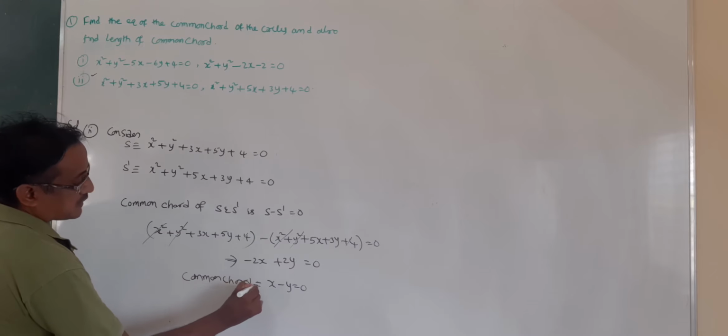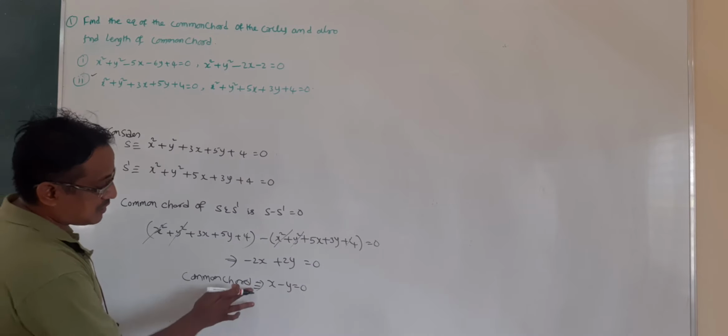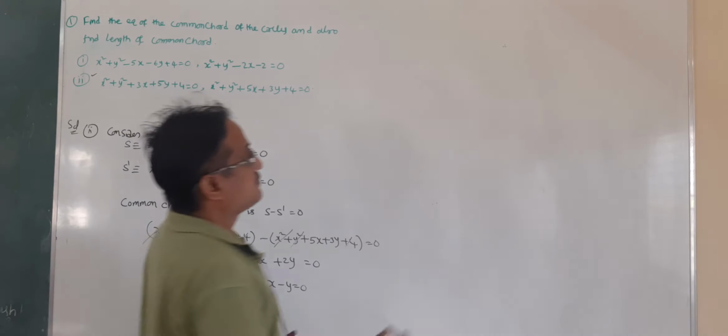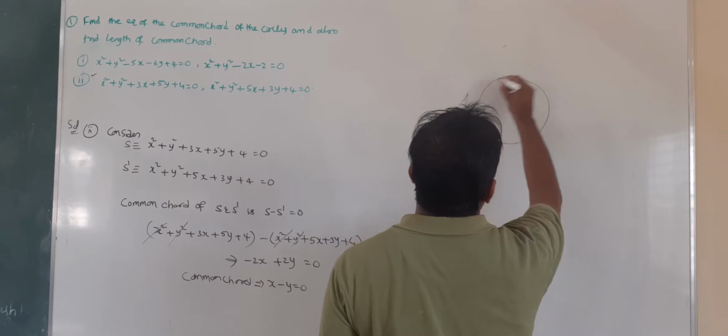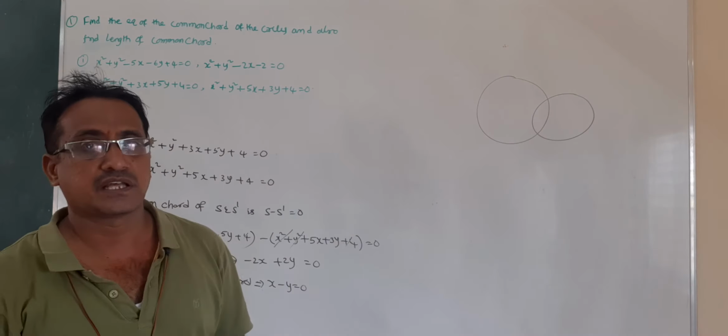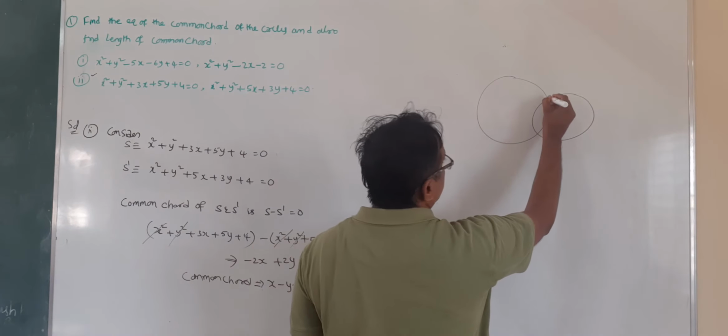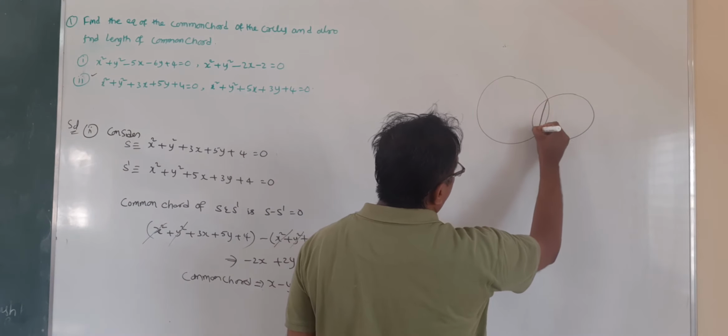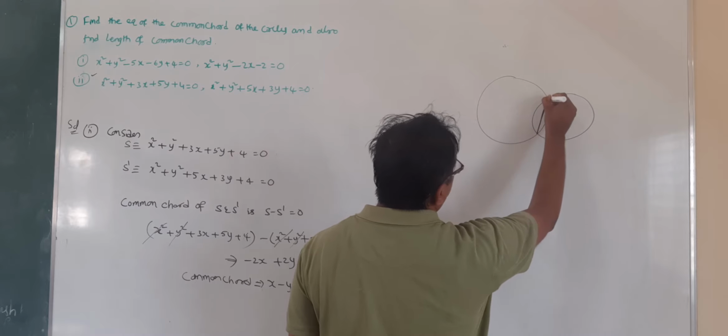Now you have to find the length of this common chord. It means the circles are intersecting each other like that, and this is the common chord. You have to find this length.